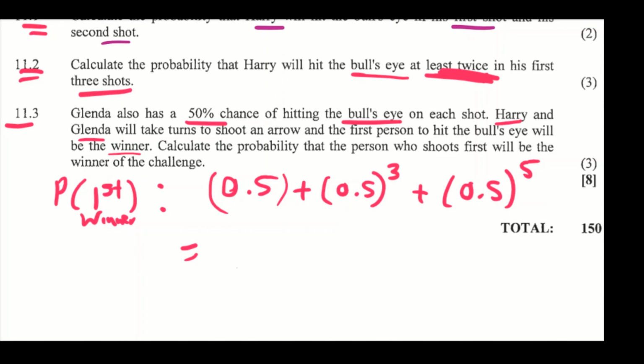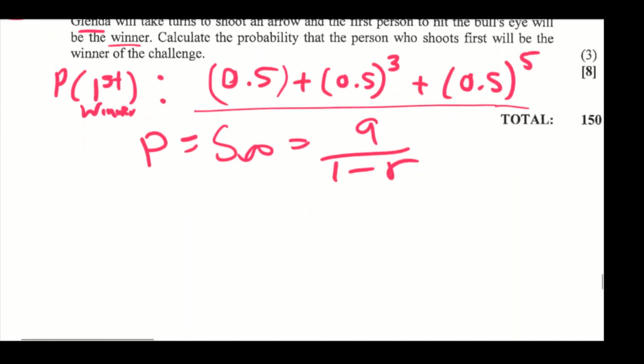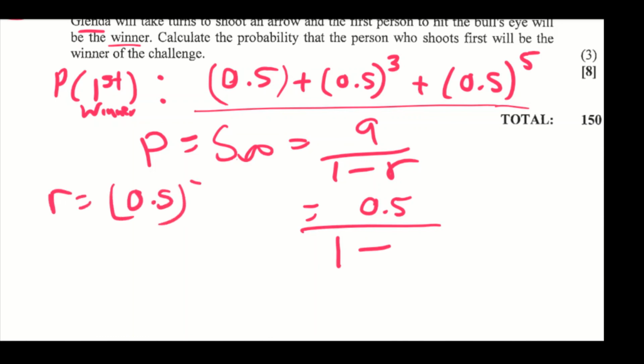Now we're just going to find, because this is a sequence of shots, the probability using the sum to infinity, right, of a over 1 minus r. So our a value in this case is going to be 0.5, divided by 1 minus our r, which is going to be equal to 0.5 to the power of 3 over 0.5, right?